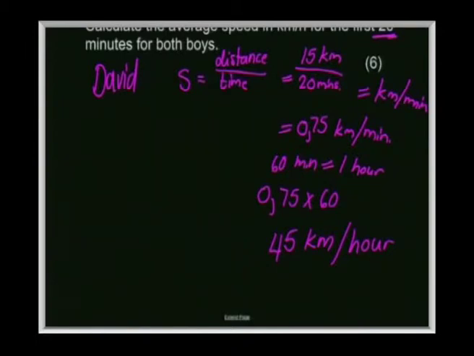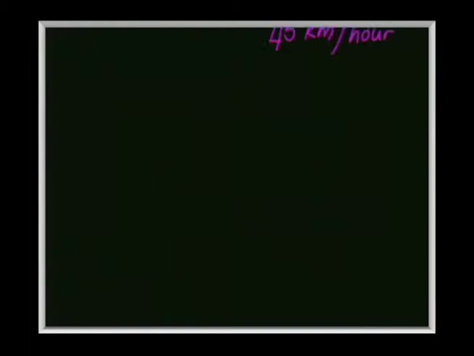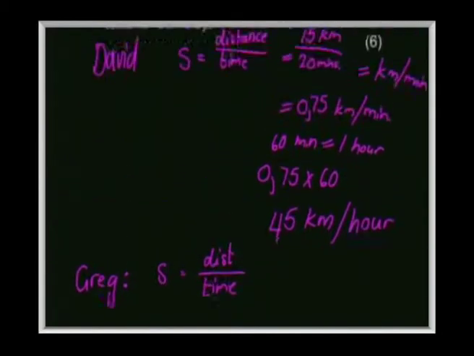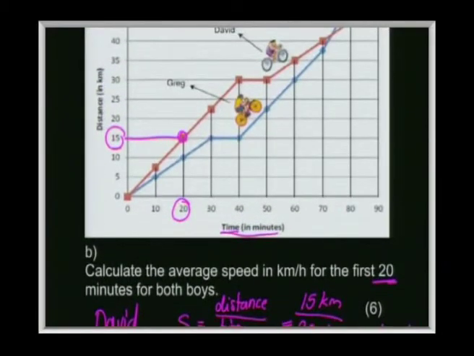Right, let's work out our average speed now for Greg. And we're going to do the same thing. Speed is equal to distance over time. And let's have a look how far Greg went in 20 minutes. Right, Greg, he managed to do 10 kilometers in 20 minutes.